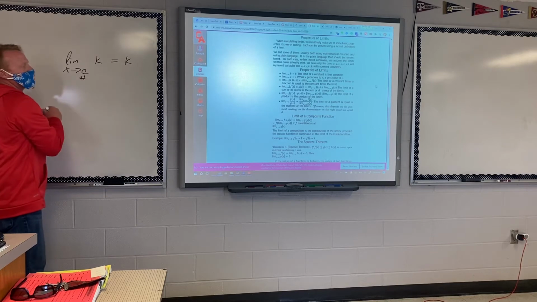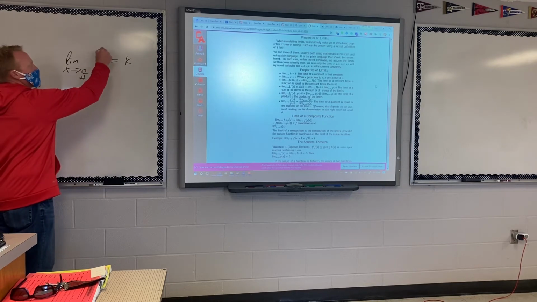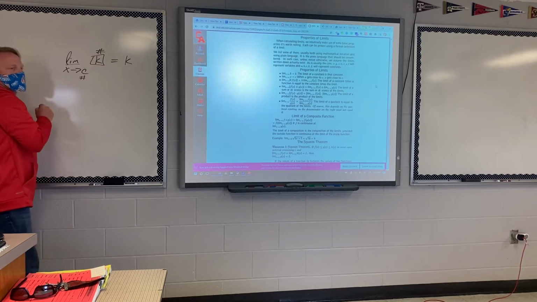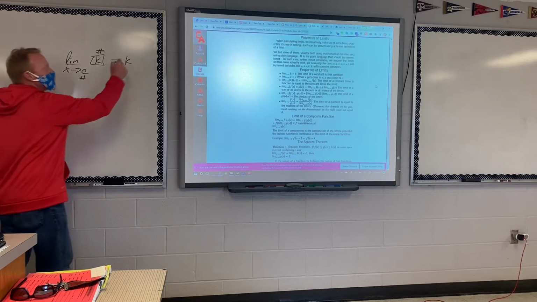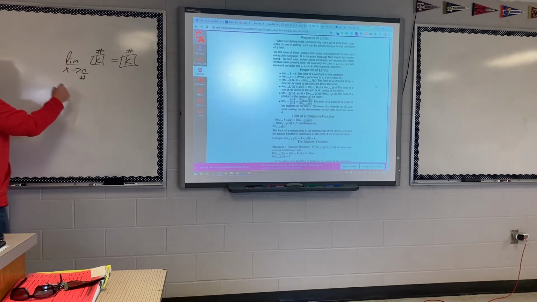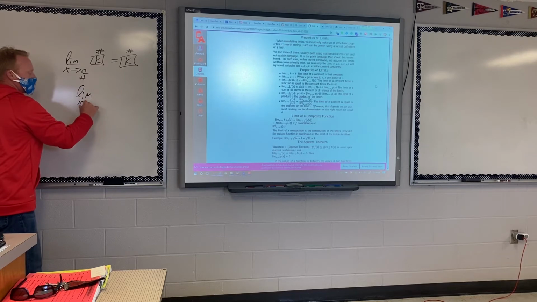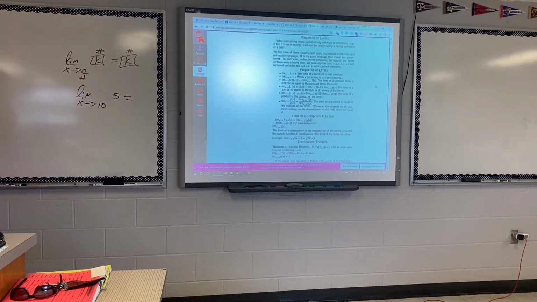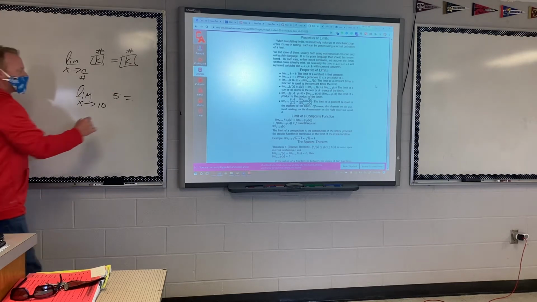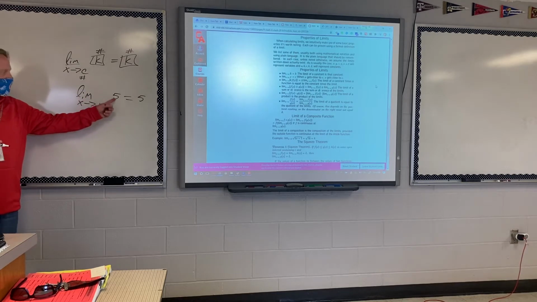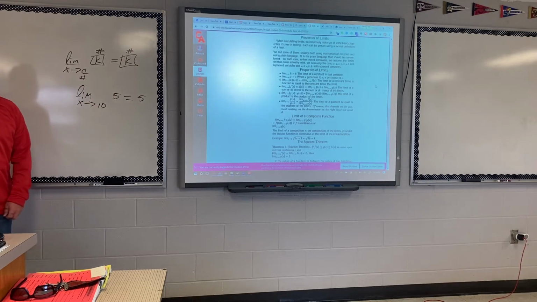What does k represent? A number. So what it's saying is if I take the limit of a number, what am I going to get? I'm going to get that number. So for instance, if I had the limit as x approaches 10 of 5, what's my answer going to be? 5. Okay, that's my first one. So the limit of a number is always that number. Questions on that one?